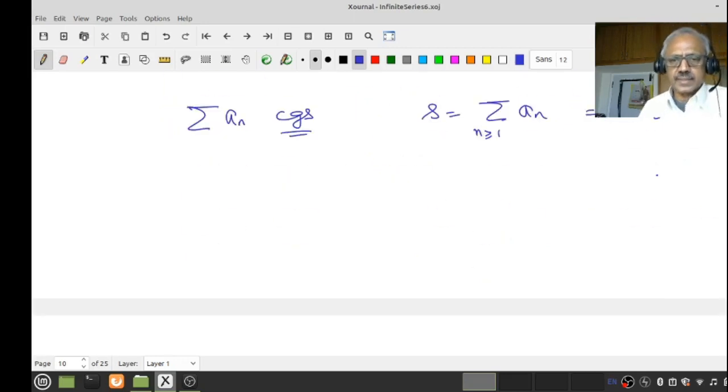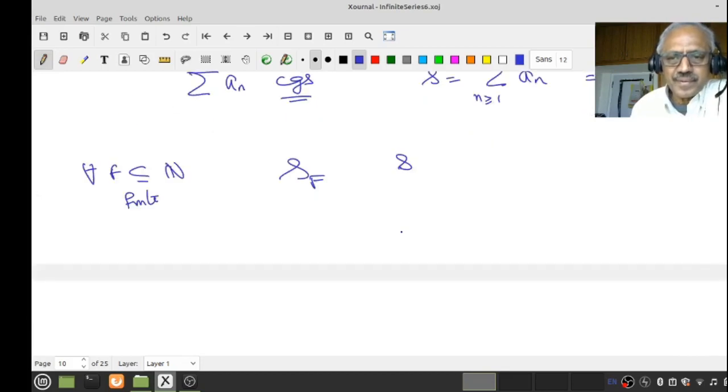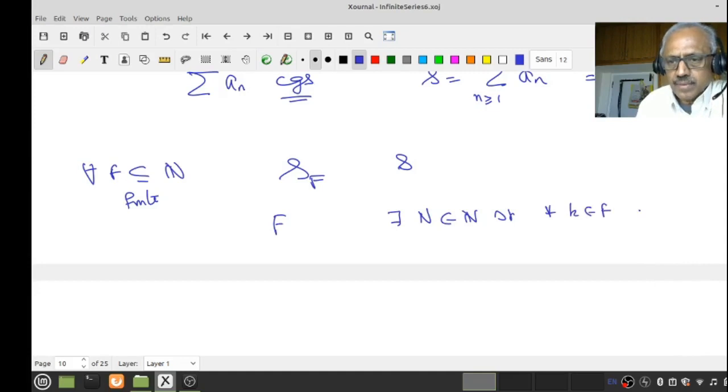Now for any F, a finite subset of N, remember whenever I say F is finite, I will not repeat it. What is the relation between S_F and S? You see that my F is a finite set, therefore there exists N, a natural number, such that for all k in F, k is less than or equal to N. Do you accept it?